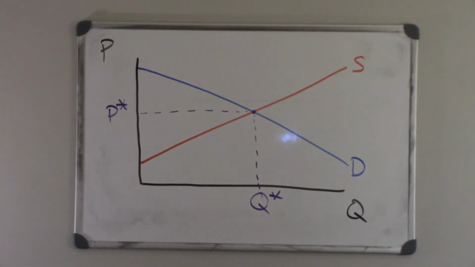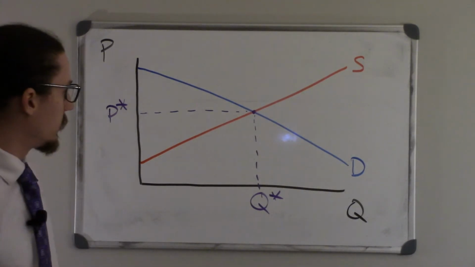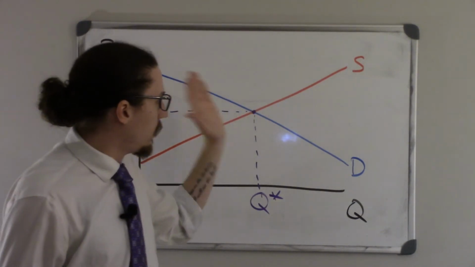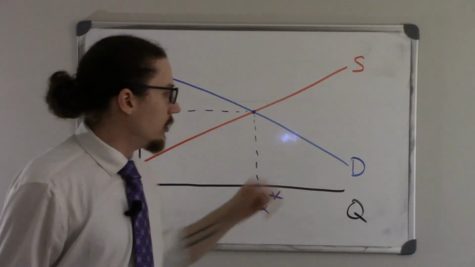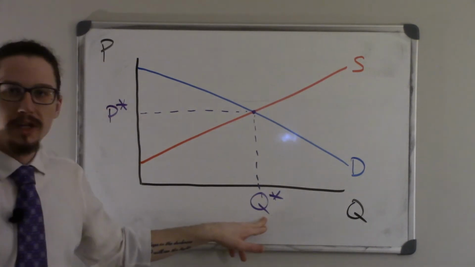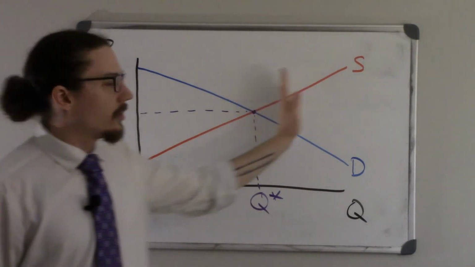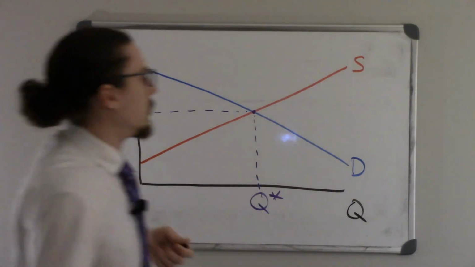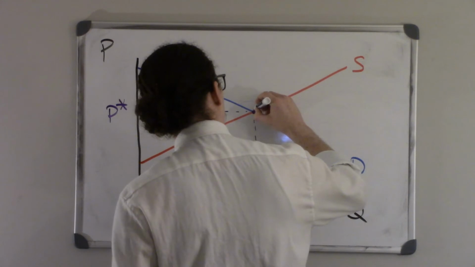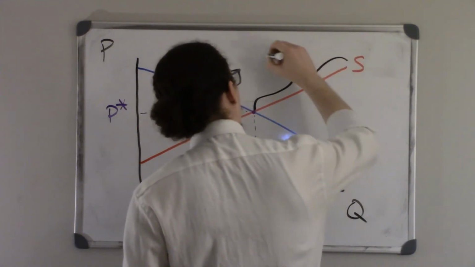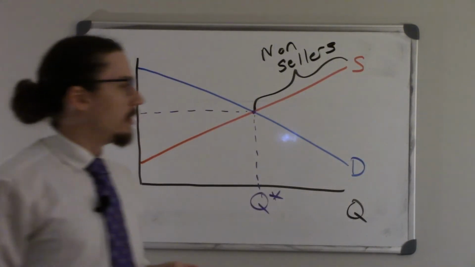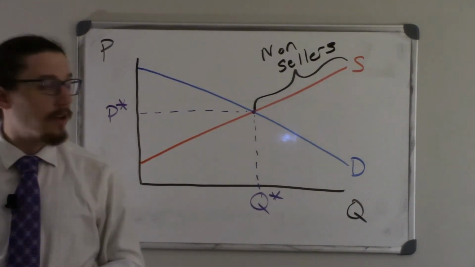Looking at our graph, we can see elements of this. So when we're looking at this graph, everything to the right of our equilibrium, these are the people who lost. So for this section of supply, this represents all the non-sellers.